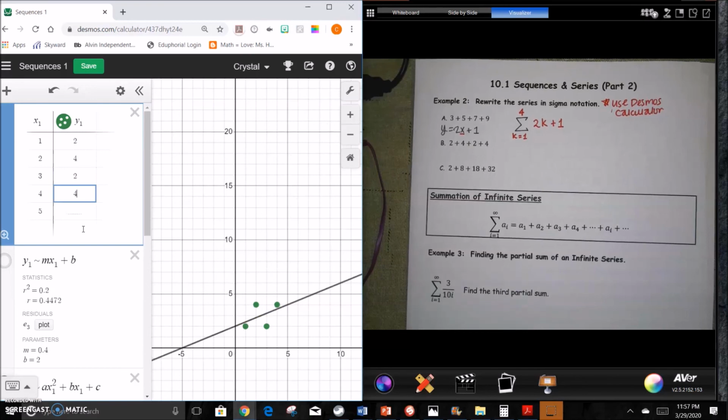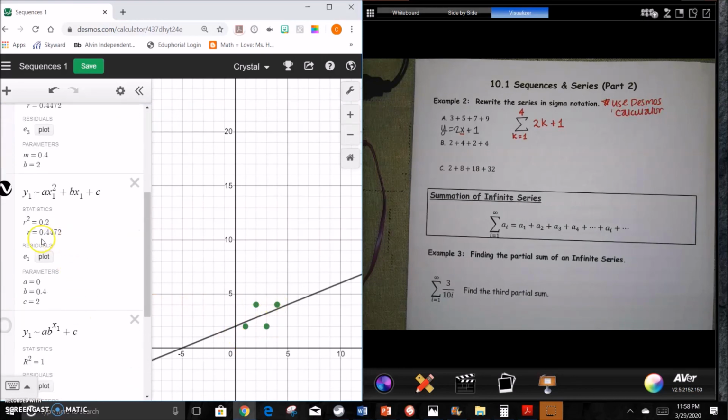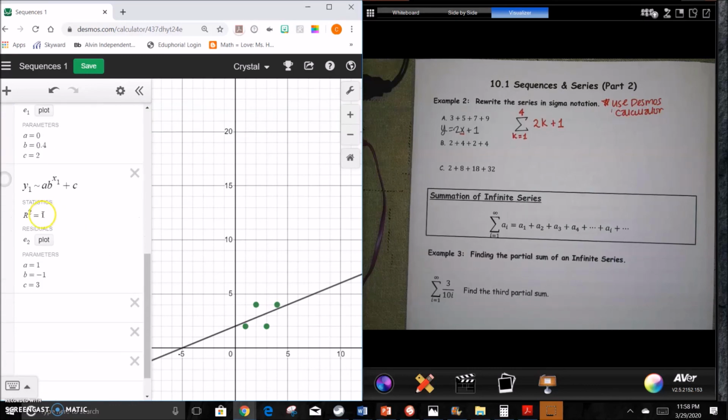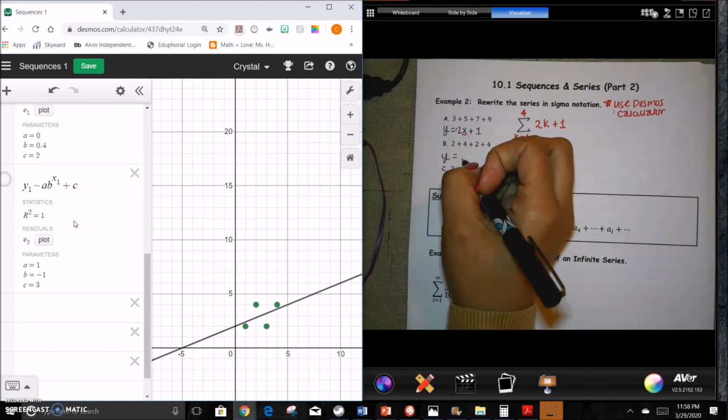Okay, all right, so now I want to look at the r value because clearly it is not linear. Okay, and I'm going to keep scrolling. It is not quadratic because the r value is nowhere near 1. Uh-oh, here we go. Ding, ding, ding. The r value is 1 here. It is exponential. Okay, so our equation is y equals, I like to write this information down.